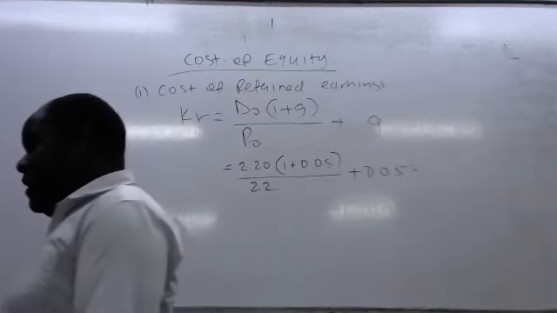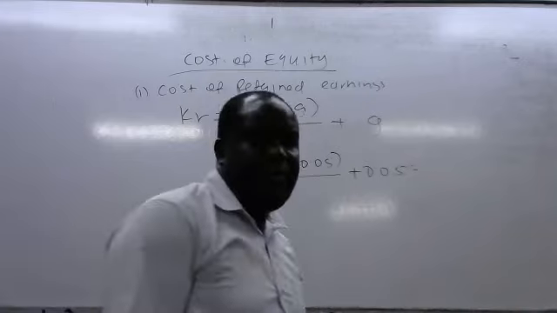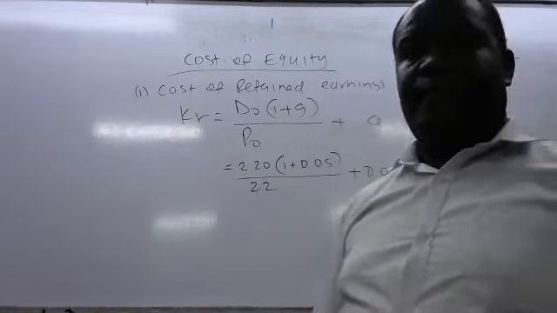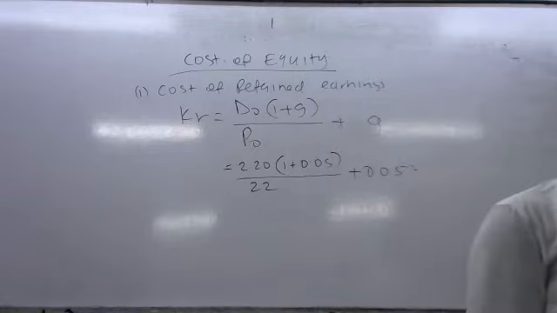Then express that value as a percentage to give you the cost of the retained earnings. It is around 15.5%. Yeah, so that is now the cost for the retained earnings.